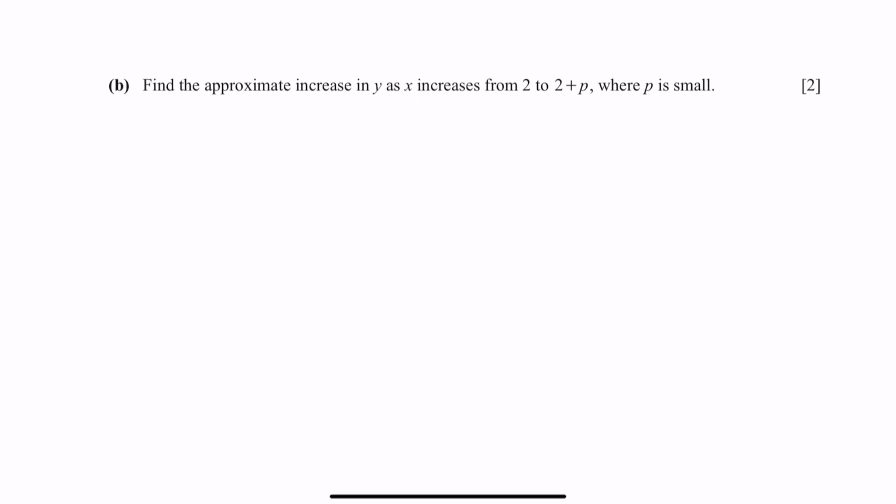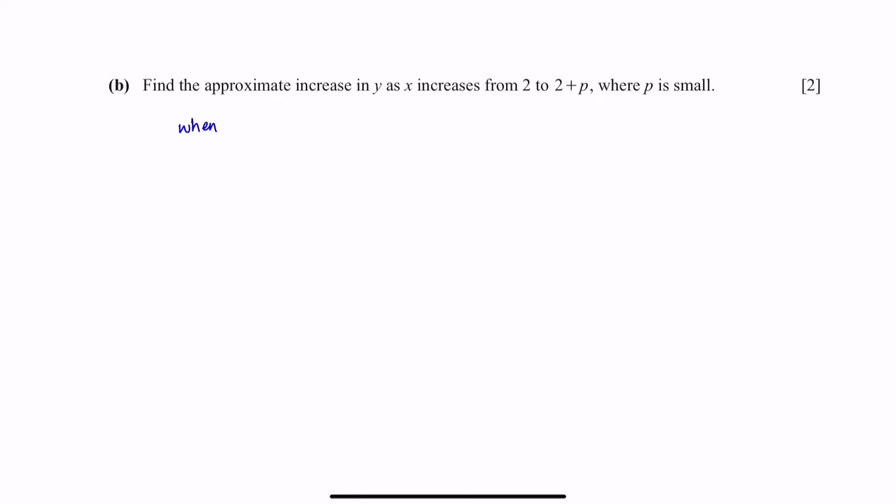For part B, we need to find the approximate increase in y as x increases from 2 to 2 plus p. So now we should first find what dy/dx is when x equals 2.